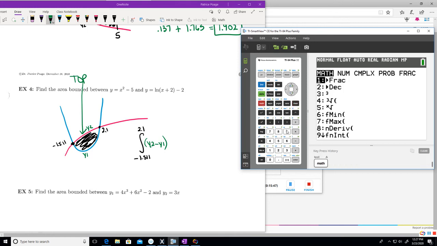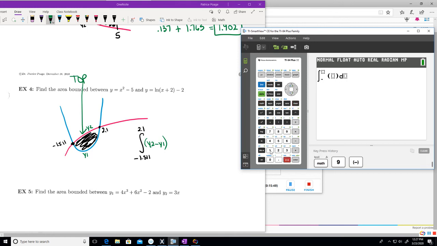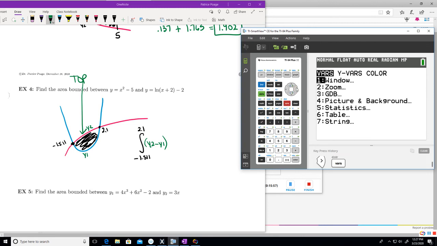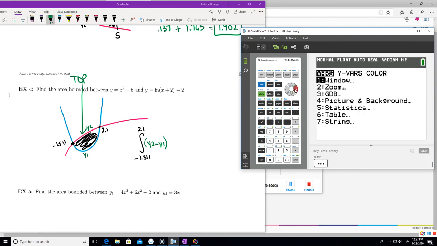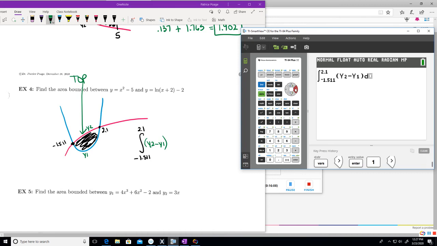I'm going to go to math 9. I'll type in my limits. I'm going to go to vars, y-vars, function Y2, minus vars, y-vars, function Y1. And I get 9.12.